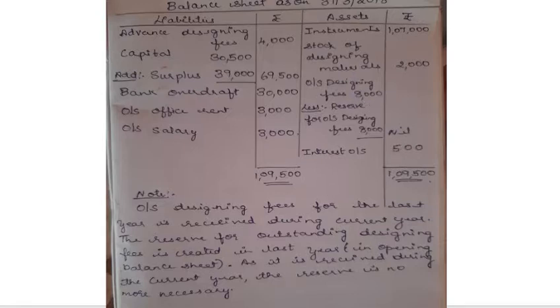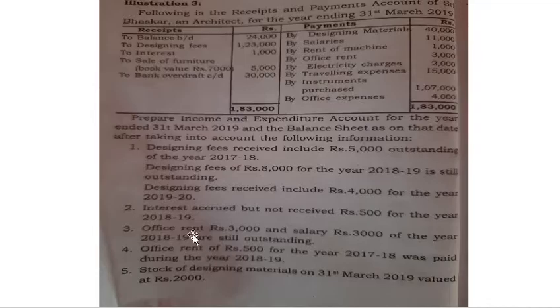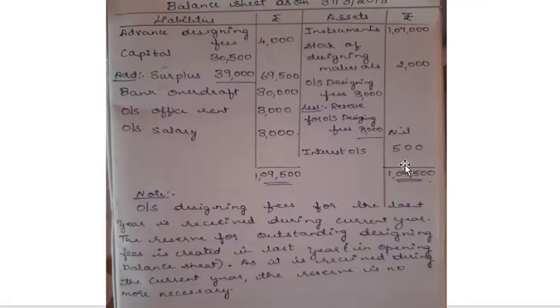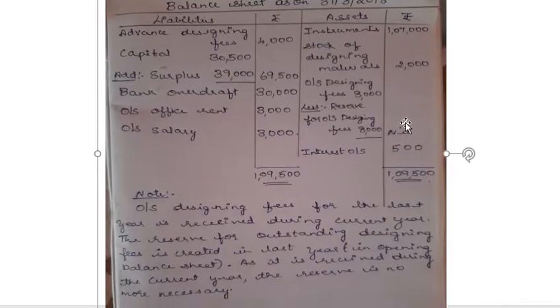Then we have outstanding interest, that is to be shown here. Outstanding interest, that is 1,000. Okay, outstanding interest. Then add the outstanding, there was an outstanding interest of 500 rupees. Then our stock of designing materials was there, that also will continue in the next balance sheet. So 2,000.